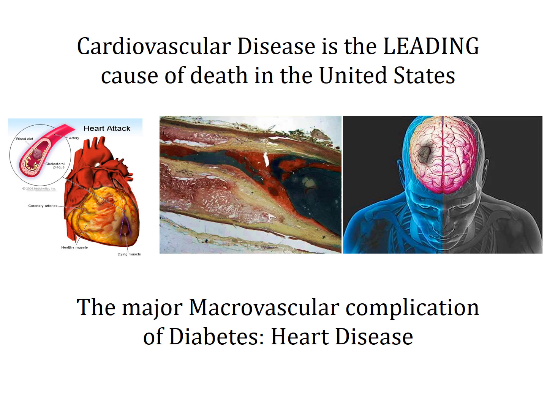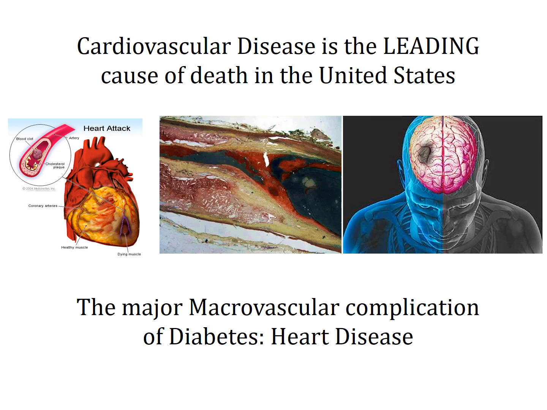Okay, cardiovascular disease is the leading cause of death in the United States. Cardiovascular disease, both heart attack and stroke, is due to atherosclerosis. This is considered to be a macrovascular complication, a big vessel complication. Atherosclerosis occurs in the carotid arteries, in the cerebral arteries in the brain, in the great vessels, in the coronary arteries.